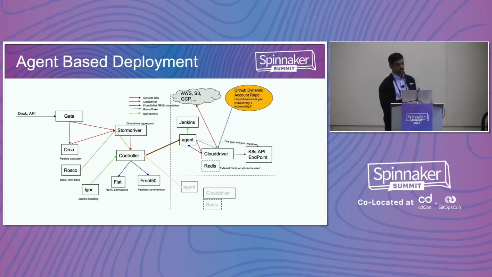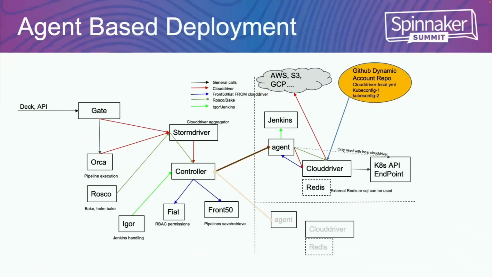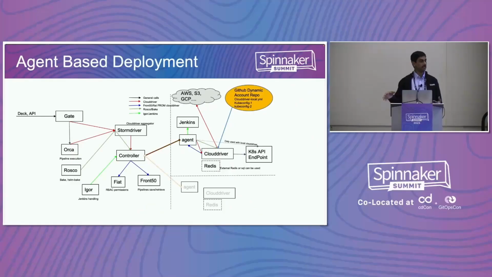So this is a full picture of how it works with the agent, controller, and Stormdriver. Stormdriver acts as a cloud driver interface for any of the services on the Spinnaker side. They connect to the Stormdriver. And on the agent side, if you have cloud driver accounts, multiple agents, and each cloud driver can have its own n number of these accounts, because of the tunnel, Stormdriver queries the remote agents for what accounts exist on their cloud driver.